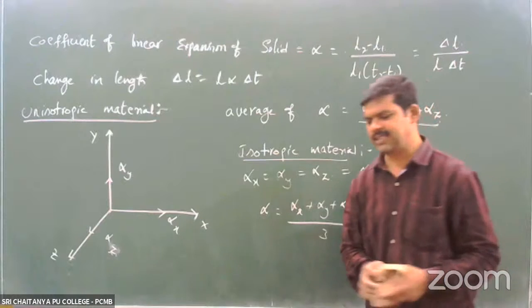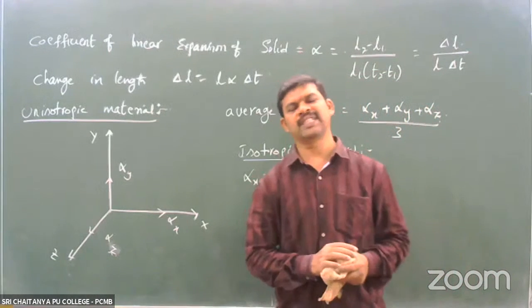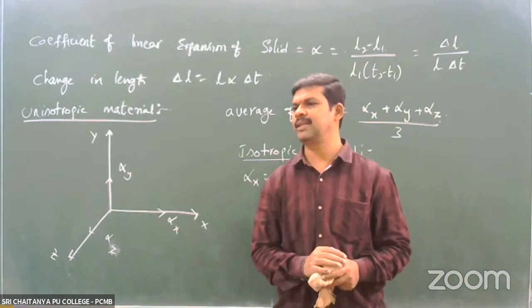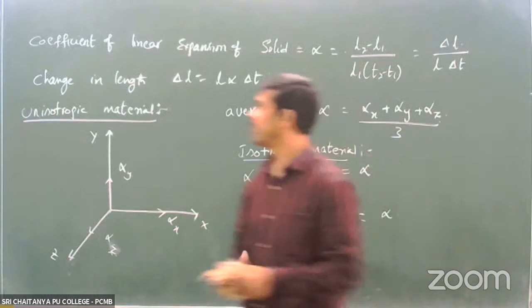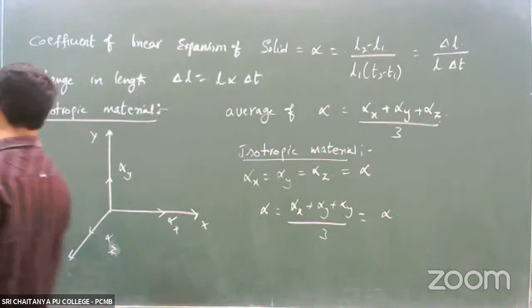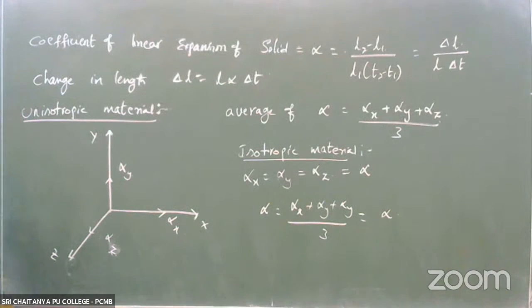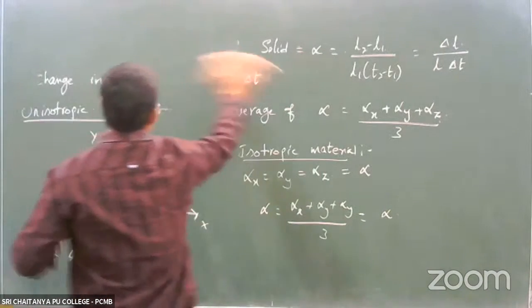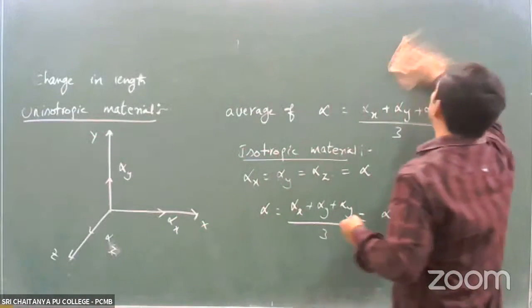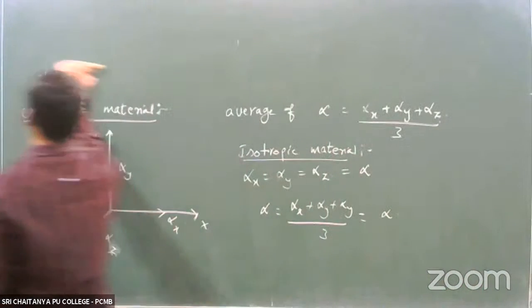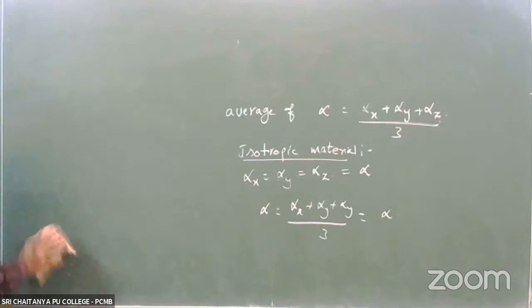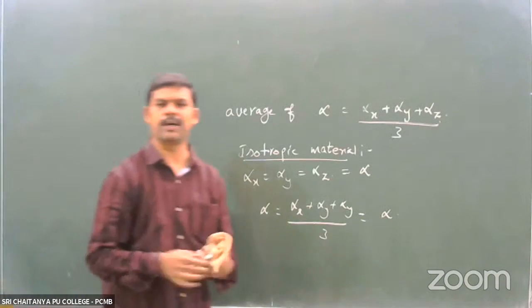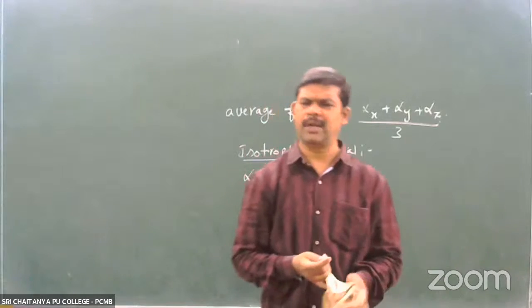I hope we discussed how the time period of a pendulum changes with temperature. Already we discussed it in the last class. Variation of time period with temperature. What is the relation between alpha, beta, gamma? Already you know it.